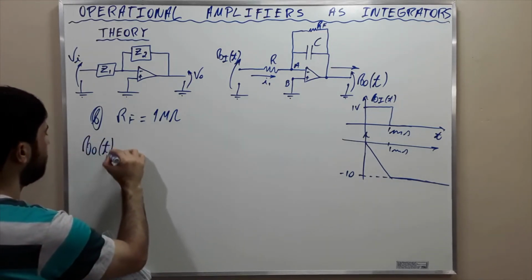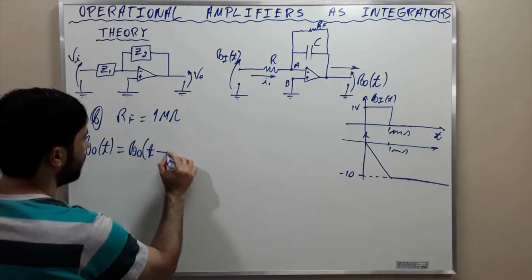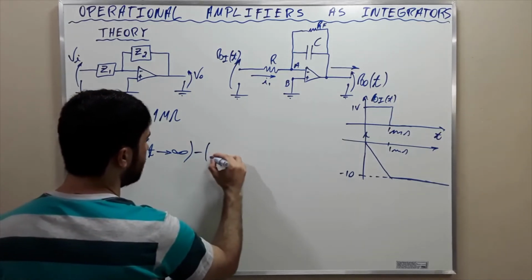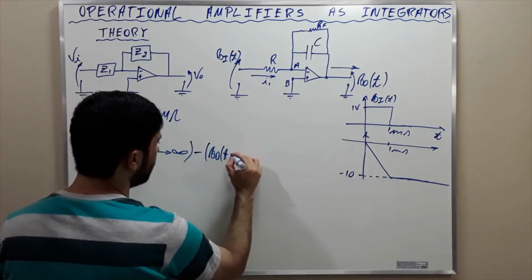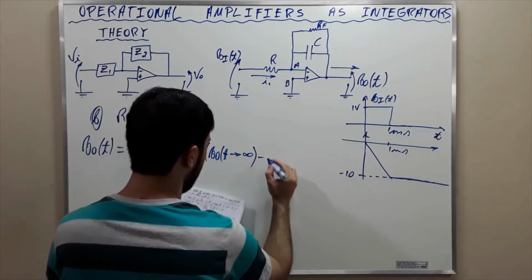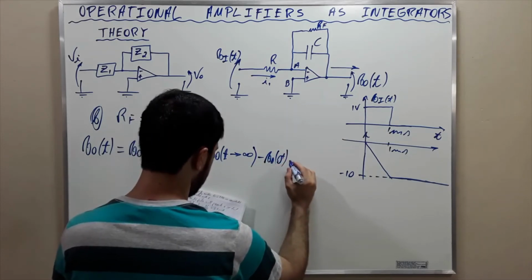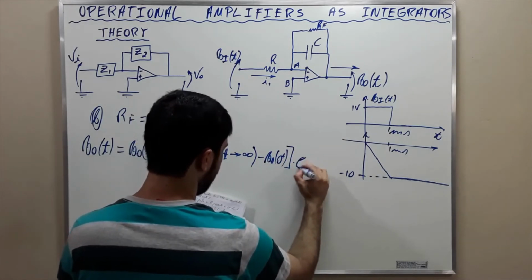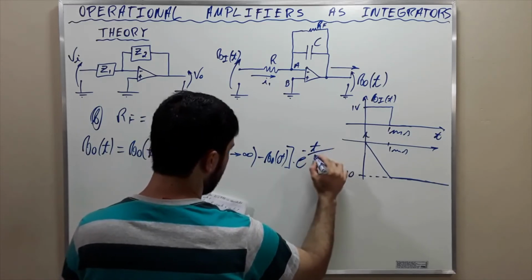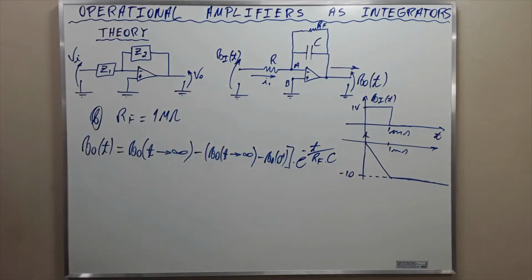V0 of t is equal to V0 of t going to infinity minus, in brackets, V0 of t going to infinity minus V0 of 0 plus, times e to the power of minus t over RF C. Okay?